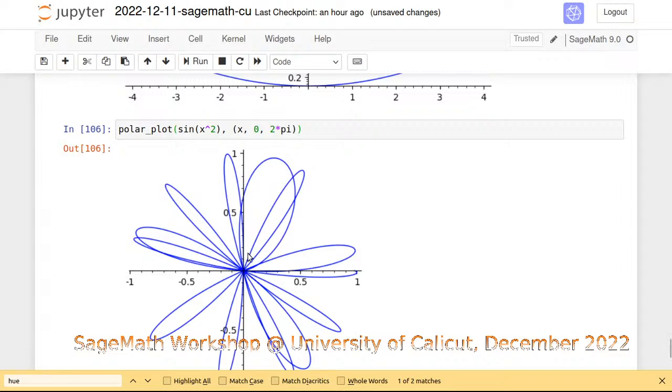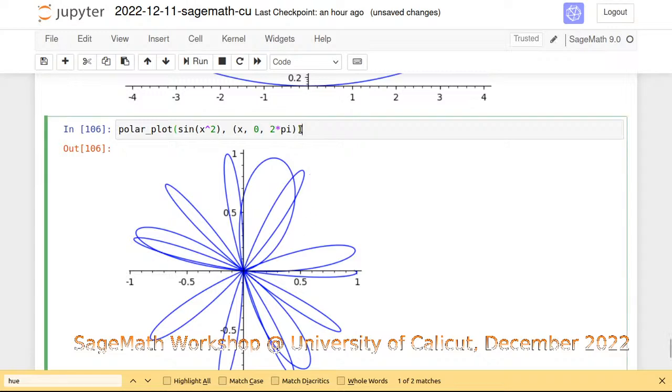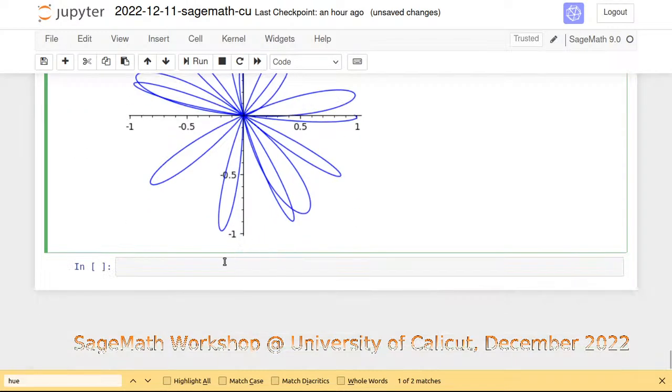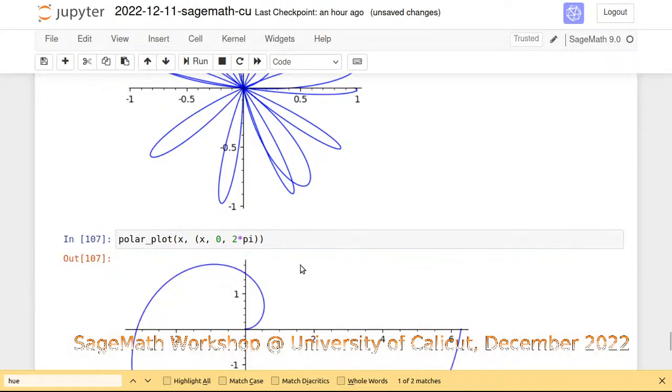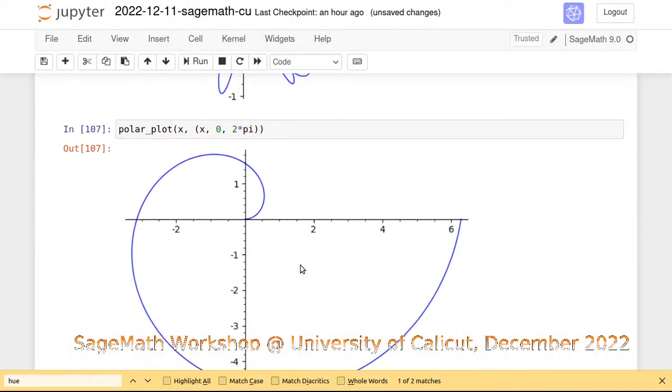Okay, let us see sin x to understand what exactly might have happened here. Just use sin x, or maybe even x. Let us see x. What is it?